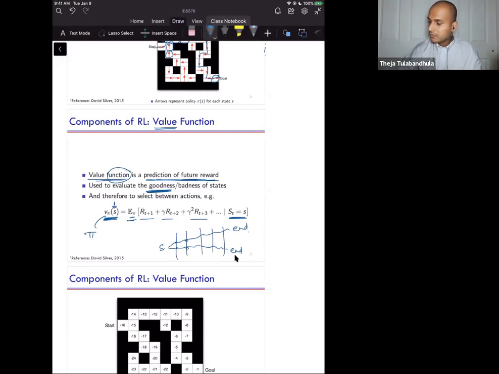You just average the rewards that you get. That's this expectation here. For each trajectory that you go through, what is called a rollout, you just get some rewards, and for each trajectory there's going to be a cumulative reward. Just average them out, and so that's the value of being in that state.